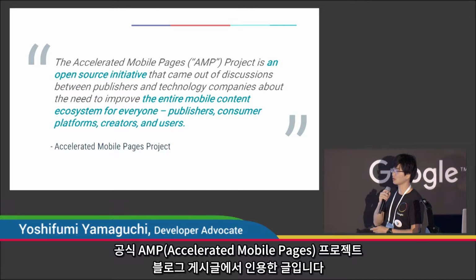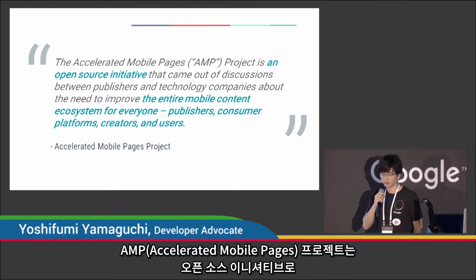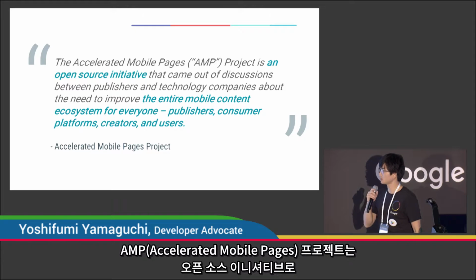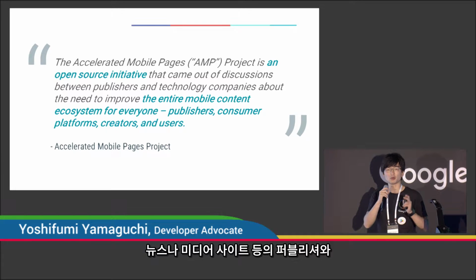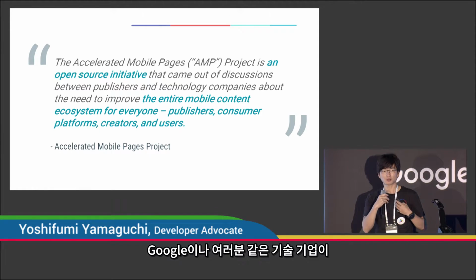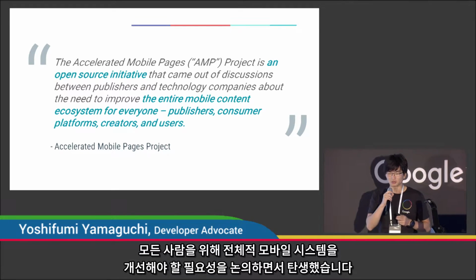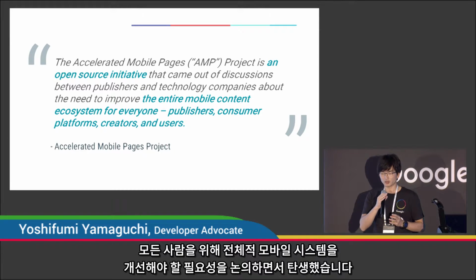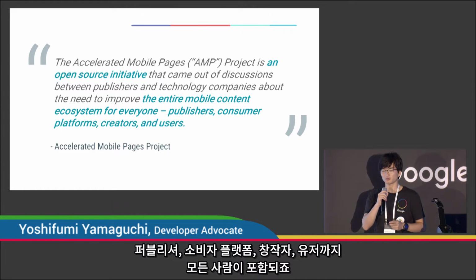This is a quotation from the official Accelerated Mobile Pages Project blog post. The Accelerated Mobile Pages, AMP, project is an open source initiative that comes out of the discussions between publishers like news sites or other media sites, and technology companies like us or someone like you, about the need to improve the entire mobile content ecosystem for everyone: the publishers, the consumer platforms, creators, and users.